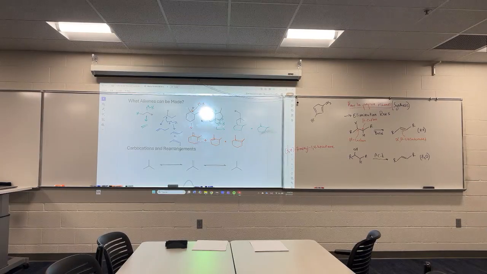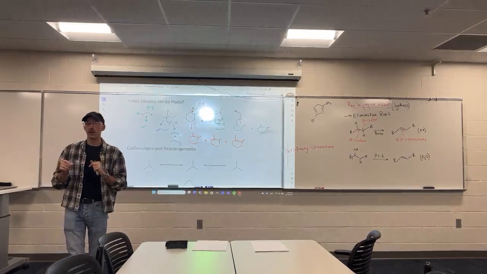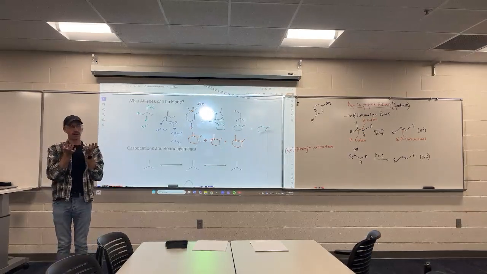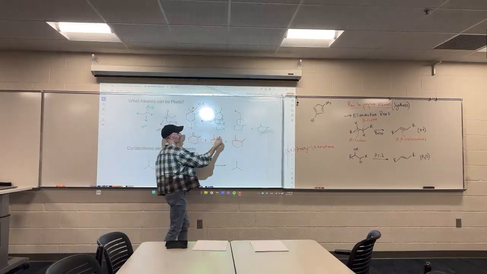Think about mapping your carbons. Label a carbon however you want. I'm labeling that carbon as alpha. You could label that carbon as triangle, or as star, or as the number 1. And then map that onto your product. Here's alpha.